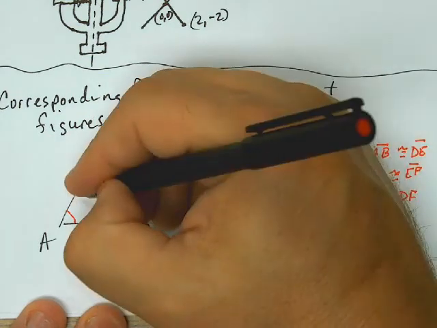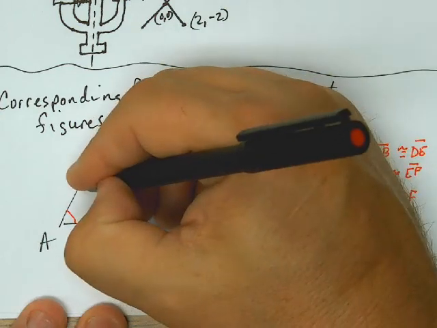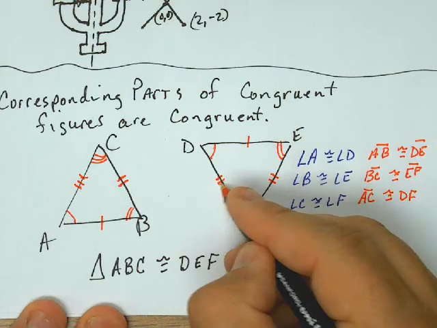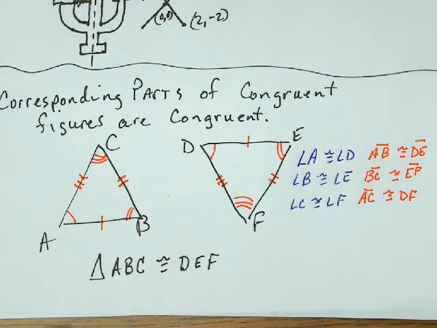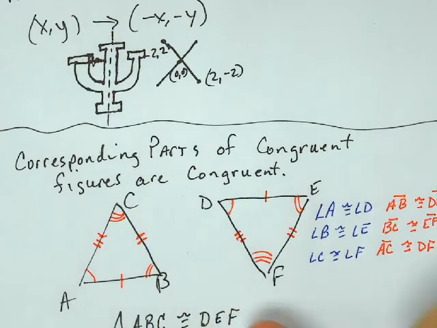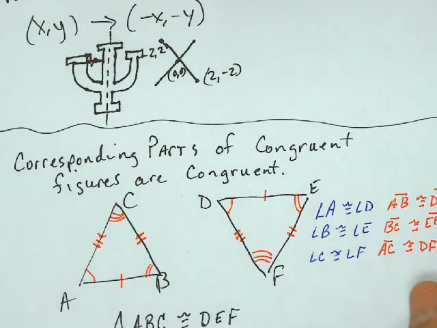And then AC would be the same as DF. All right. Got it? All right. That's the 7 things you need to know.